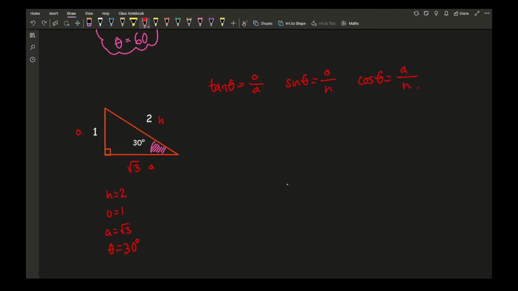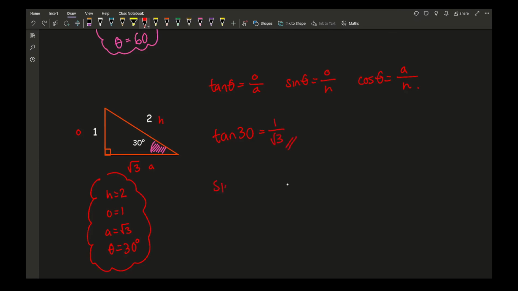So from this, I'm just going to substitute the numbers into that formula. I've got tan 30 equals opposite over adjacent, which is going to be 1 over root 3.